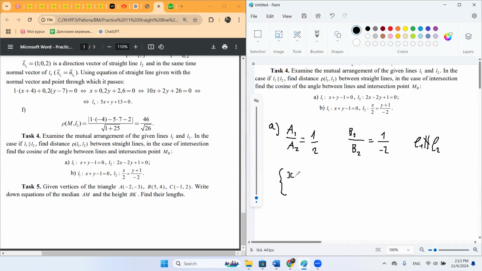So x + y = 1, 2x - 2y = -1. So solving by the Gaussian method, but without writing in matrix form. So just 2x + 2y = 1.